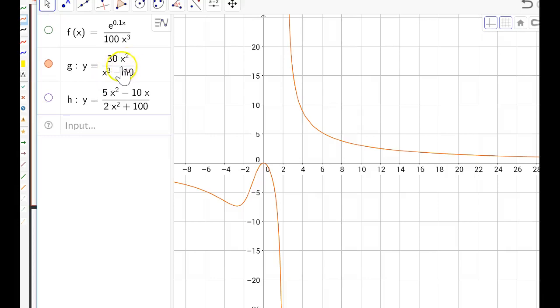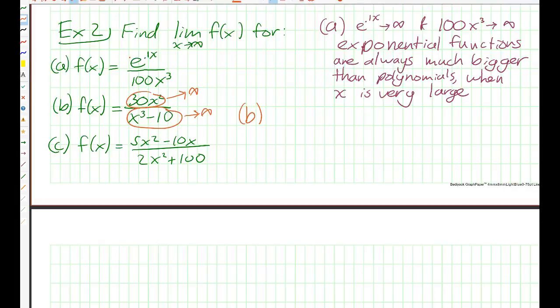So already the bottom is going to be bigger if you ignore the minus 10. The bottom is going to be bigger than 30x squared because the extra x that this has is bigger than 30. So that's why higher power polynomials always end up dominating the lower power polynomials like the numerator. So this limit is going to be 0.